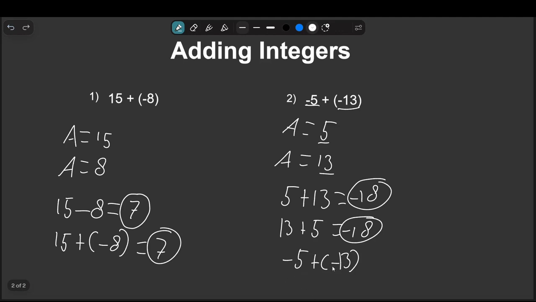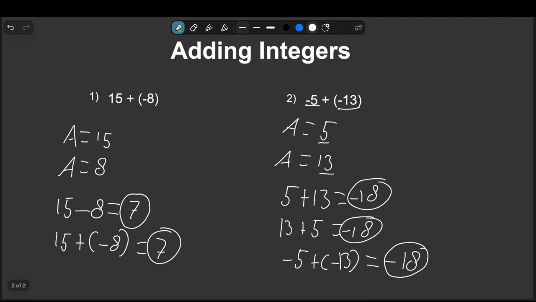But in this case, it's minus 13, so minus 5 take away minus 13, and we will get minus 18 for our answer. If you have a calculator, everything will go very easily, but I'm teaching you guys how to do it with mental math without using a calculator.